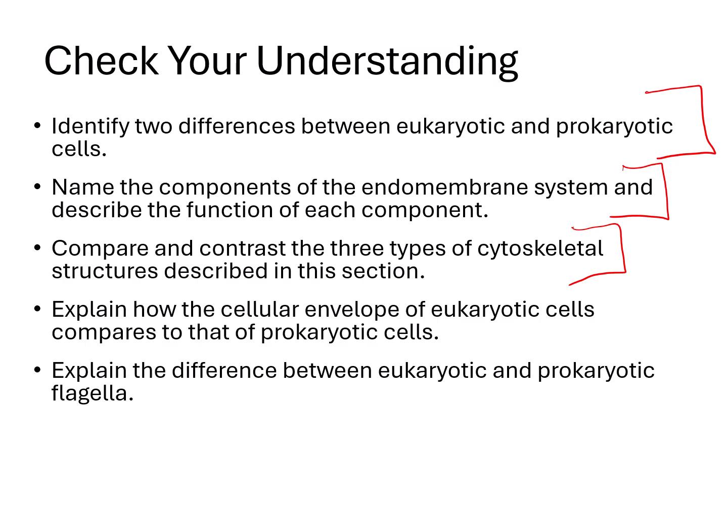and specific roles. If we look at the cellular envelope of eukaryotic cells, that membrane, how does that compare to prokaryotes? In eukaryotic plasma membranes, it's also a fluid mosaic, but there are sterols like cholesterol that add structure and rigidity to that plasma membrane. In eukaryotes, we're also capable of endocytosis and exocytosis. For eukaryotic cell walls, there are walls in things like plant cells and fungi, but animals do not have cell walls.